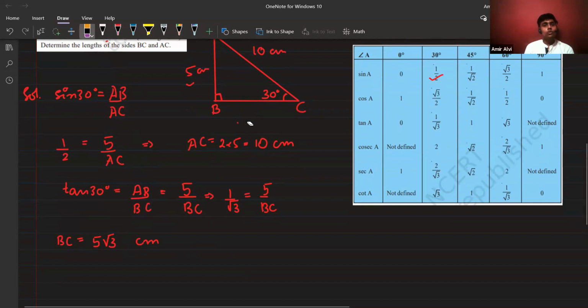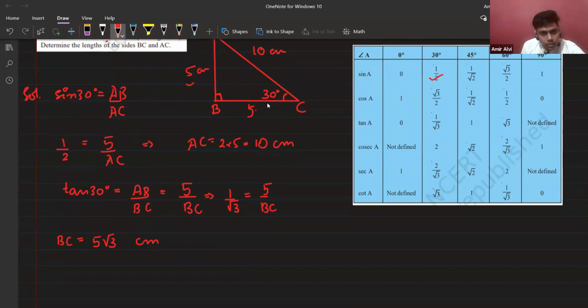Now suppose someone asks, how can you be so sure that your answer is correct? You can verify this answer with the Pythagoras theorem. So let's verify it with Pythagoras as well.